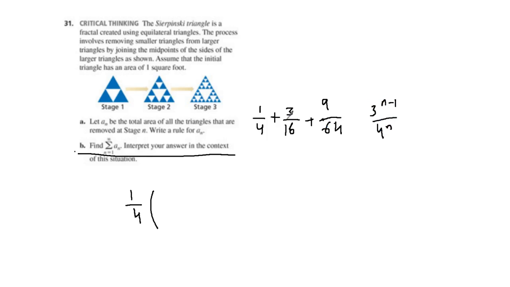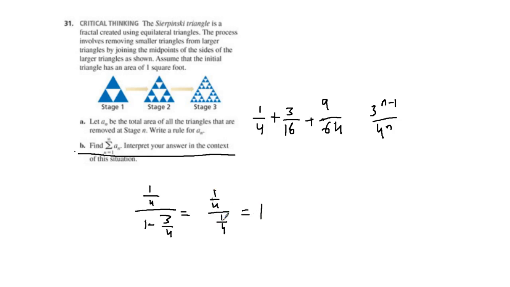Your second term is multiplied by 3 over 4, and your next term multiplies by 3 over 4, and it keeps multiplying by 3 over 4, so it'll actually be 1/4 over 1 minus 3 over 4, which is equal to 1/4 over 1/4, and the same number divided by itself is 1.